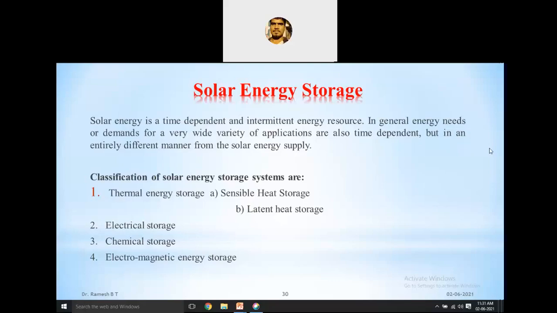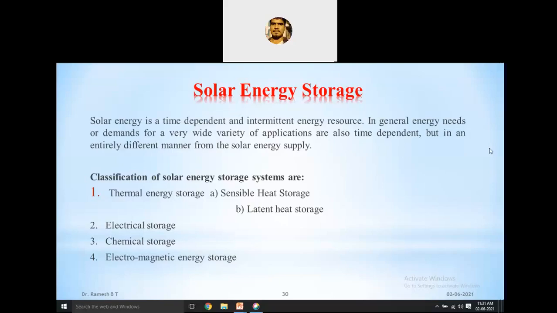Next, the permissible capacity cost allocated to the storage, and environmental and safety considerations. That is also an important factor. The solar energy storage system should be safer, because storage means we are storing the energy. There are chances of explosion, chances of blast. So safety is very important. And environmental means we are storing one energy, and it may chance to emit some other harmful radiations.